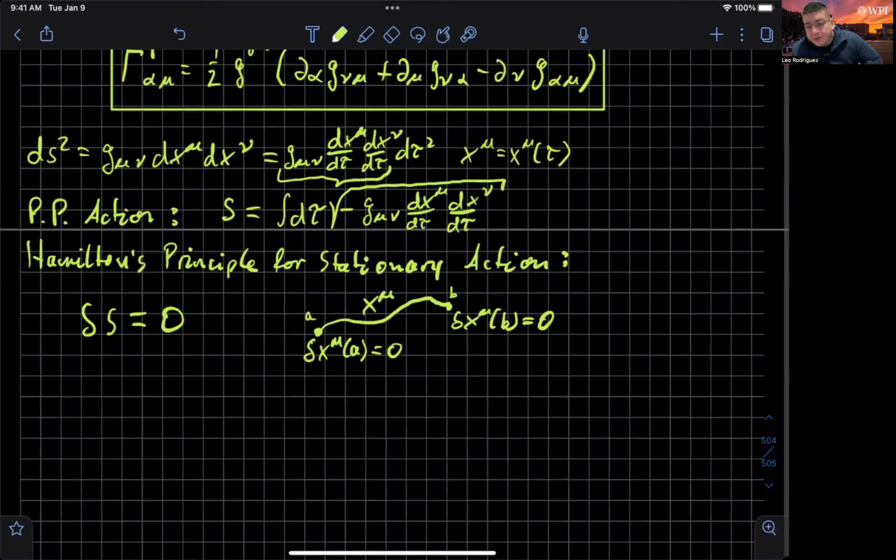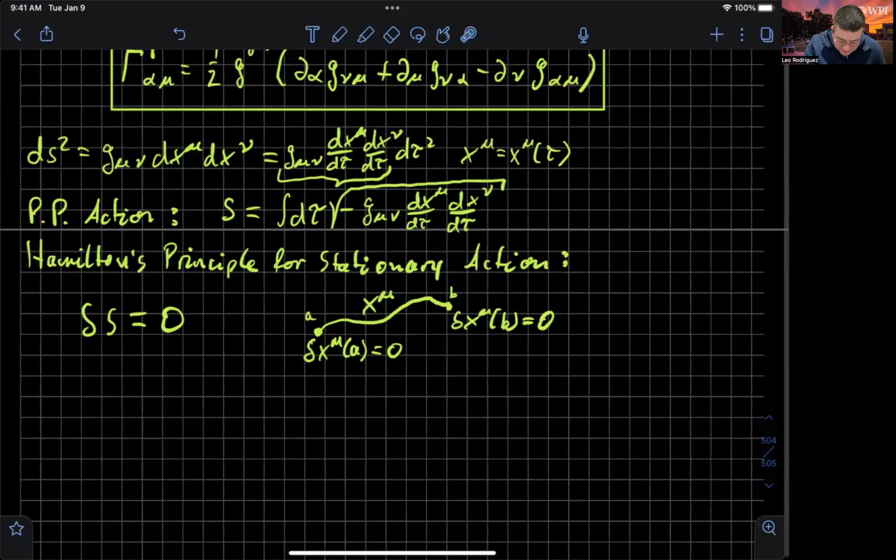So we have stationary points, and we're looking at extremizing the action in between those 2 points, right? That's your standard Lagrangian mechanics, right? And in this case, it's more of a Lagrangian field theory because we have fields involved, and we're varying with respect to, you could call x mu a field, even though it's a coordinate, but the principles here are going to be the same.